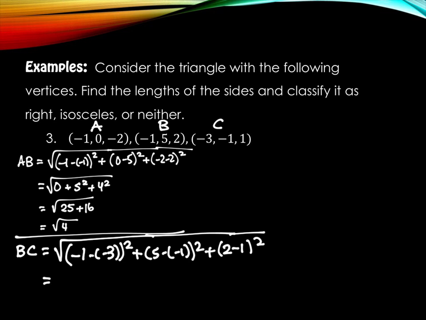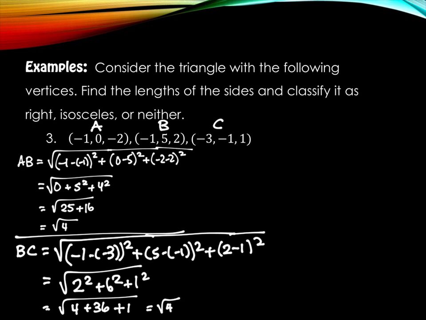All right, so -1 minus -3 would be 2 squared. In the middle, I have 5 minus -1, so this is 6. So I have 6 squared. And at the end, 2 minus 1 would be 1 squared. So I have 4 plus 36, plus 1, sorry. So what does this give me?